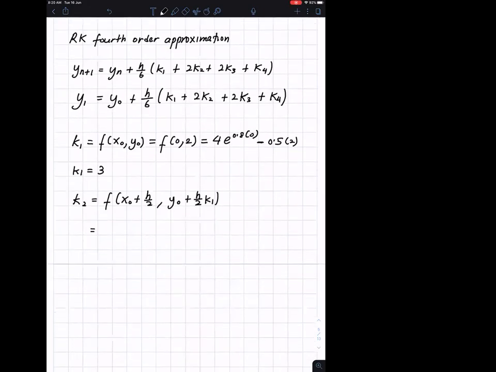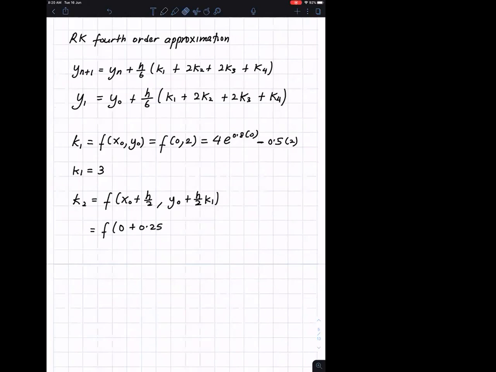So that's f of x naught, which is 0, plus h over 2, where h is 0.5, divided by 2, which is 0.25.